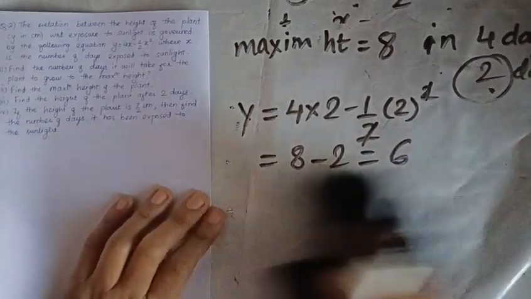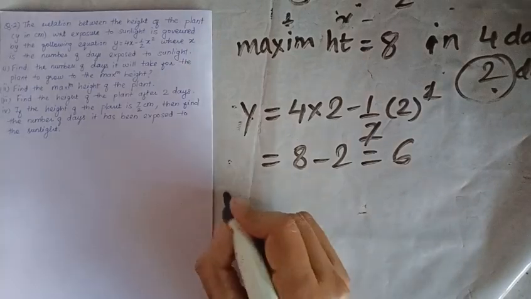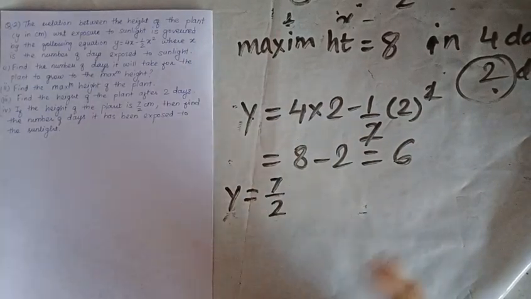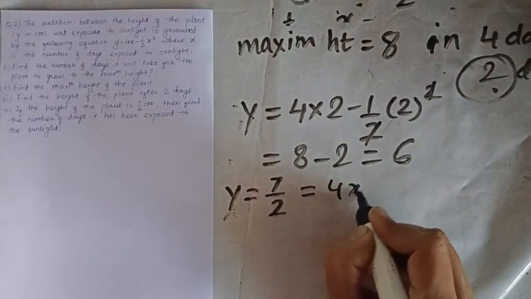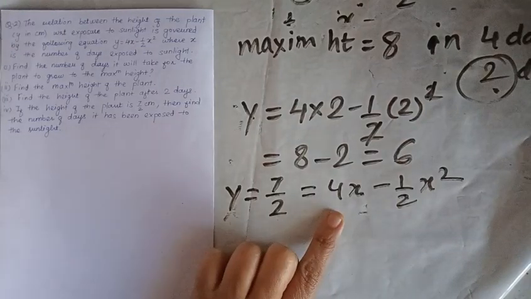Now next, if the height of the plant is 7 by 2, that is, y is given as 7 by 2, then find the number of days it has been exposed to the sunlight. So writing the equation, we have to find x.